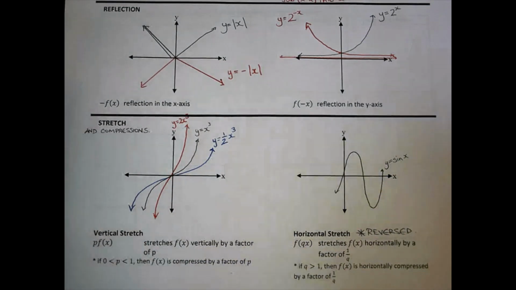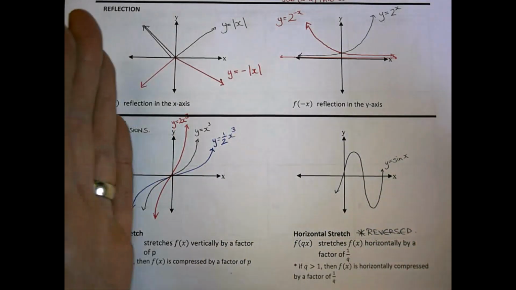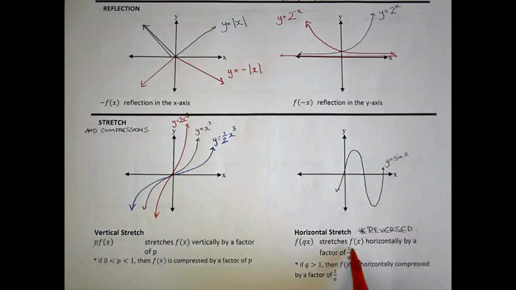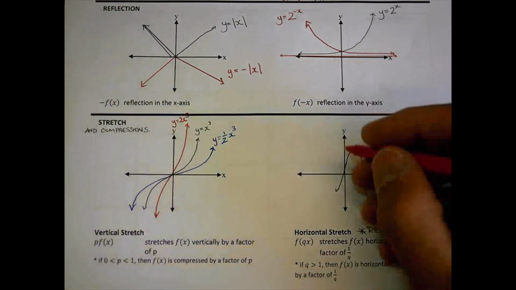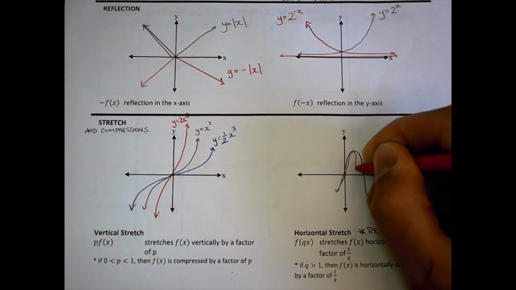That's a larger number, so I'm not stretching it like you'd think I would. I'm compressing it. I'm squeezing it by 1 over q, or by 1 over 2 in this case, making it half as wide. So my sinusoidal function is going to look like this.